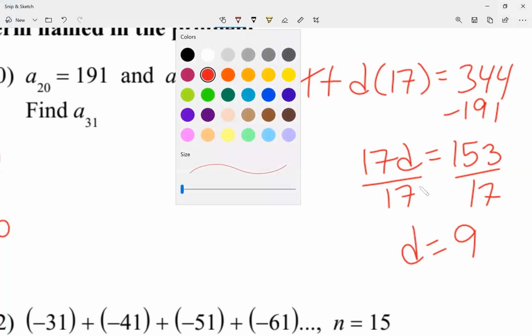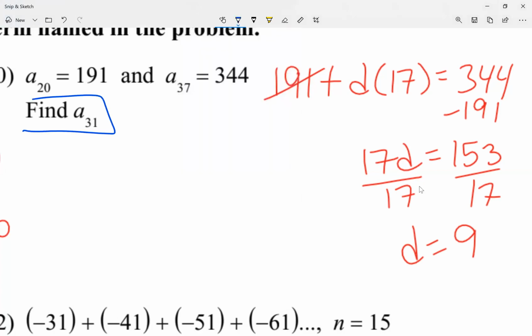Now I'm able to find the 31st number in the list. I have the 20th and I have the 37th. I said earlier, I'm going to choose the closest number without going over it. So in this case, let me choose the 20th number on the list.